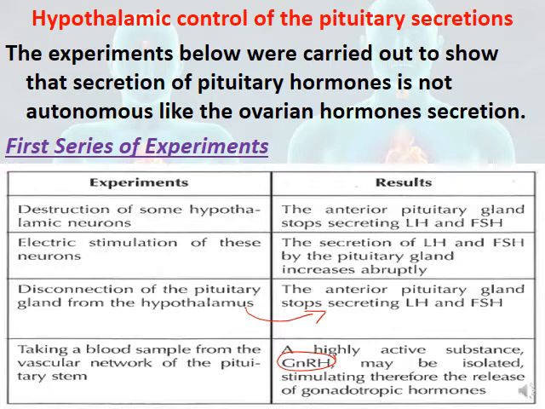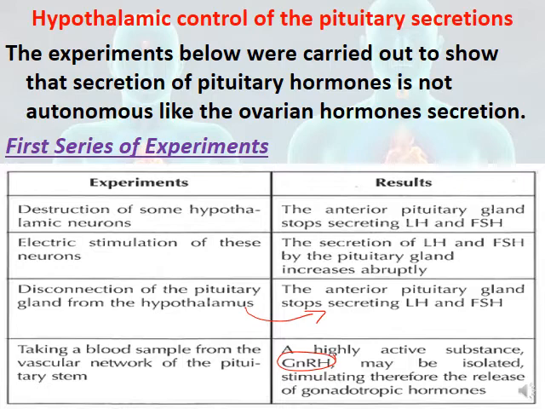This substance is GnRH. So the GnRH stimulates the secretion of LH and FSH by the pituitary gland. So we can conclude here that the hypothalamus controls the activity of the pituitary gland through the secretion of the GnRH.